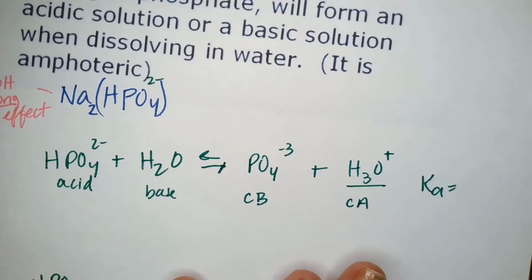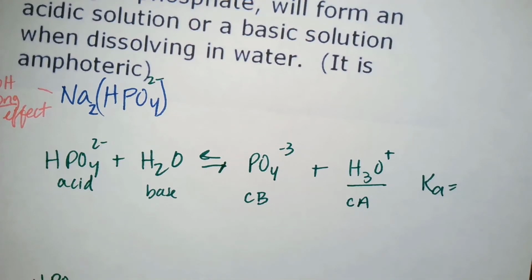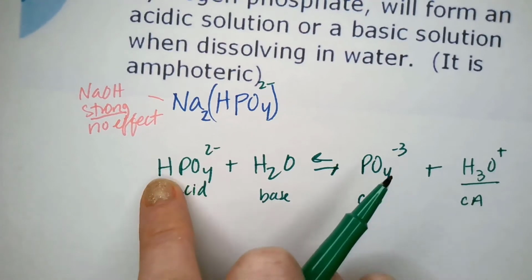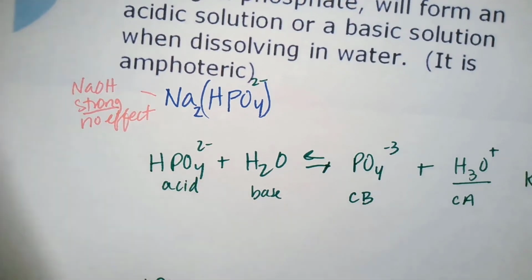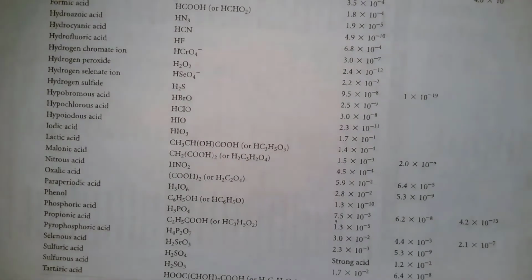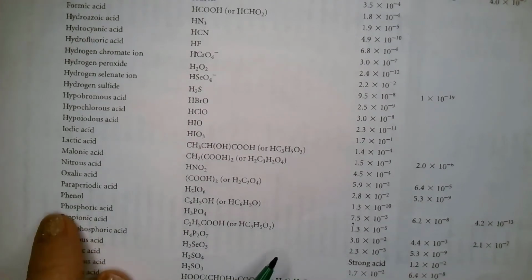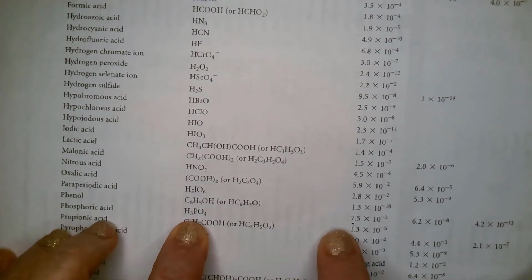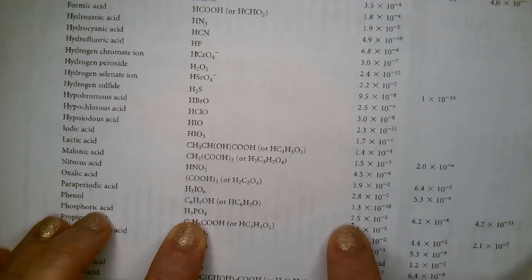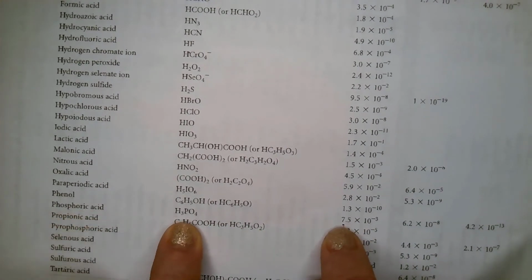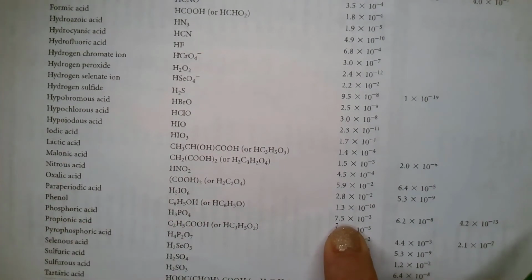Now in this case, let's look at what our Ka constant is. And it should be on our appendix here. And we're going to look up the Ka constant for HPO4, which is phosphoric acid. Now, phosphoric acid is a triprotic acid.